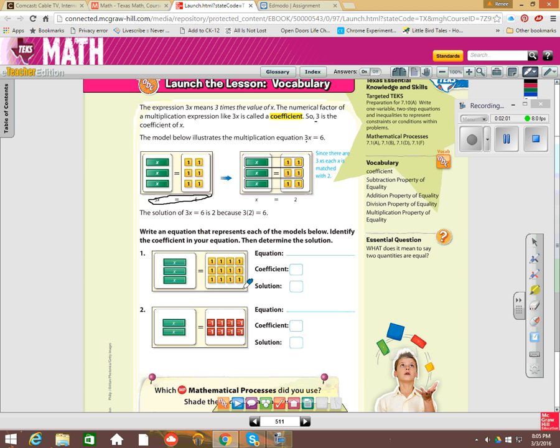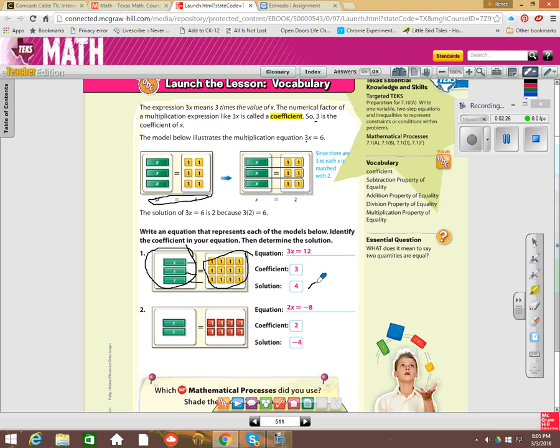Okay, if you said the answer here for both of them, let's turn the answer on so you can see it. 3x equals 12. So you see you have 3 x's here and 12 ones here. So if you were to split them up and pair each x with a row of ones, how many ones are in each row? 4.